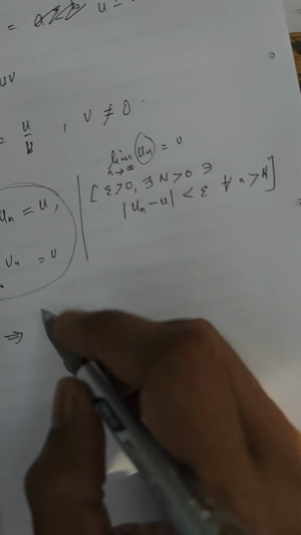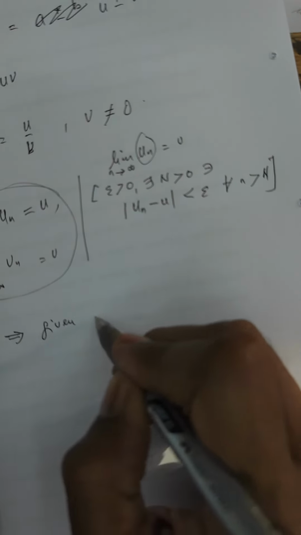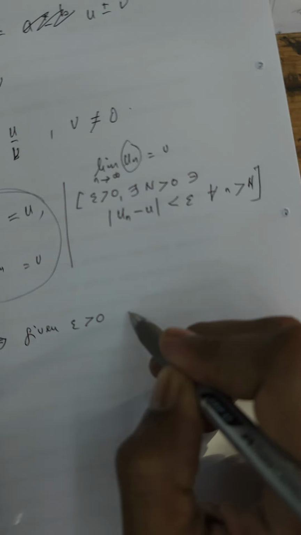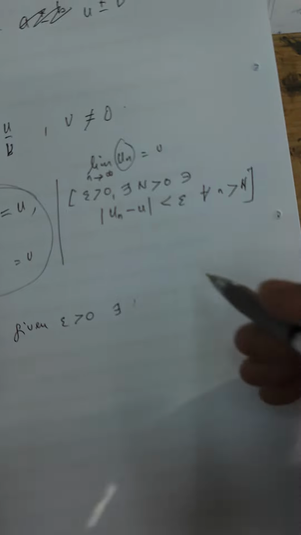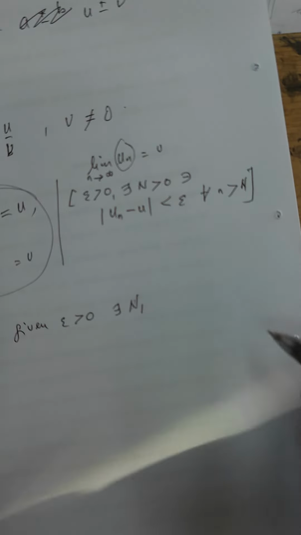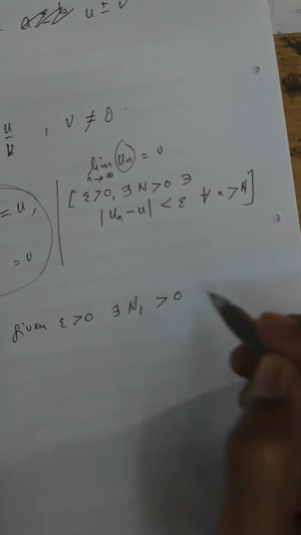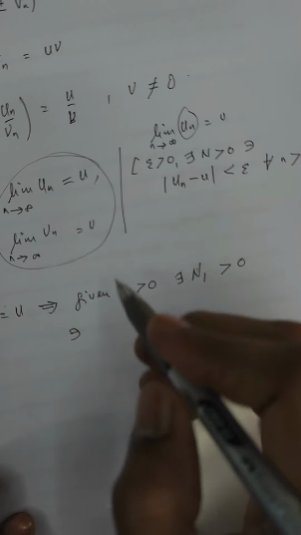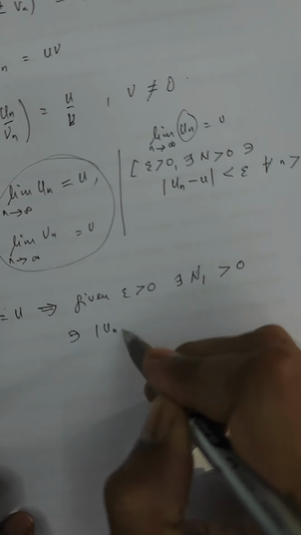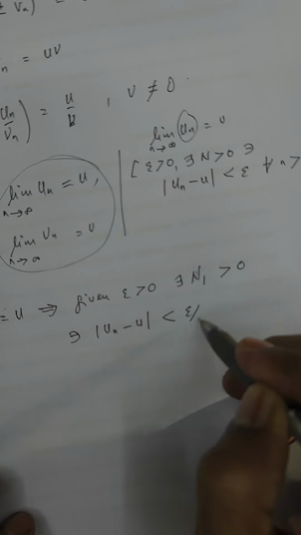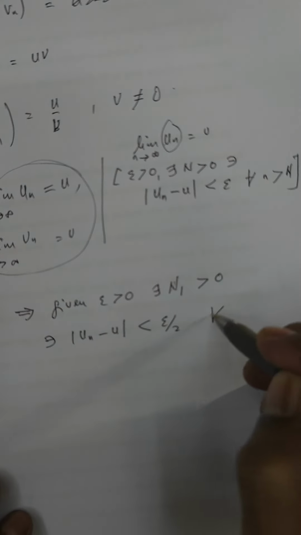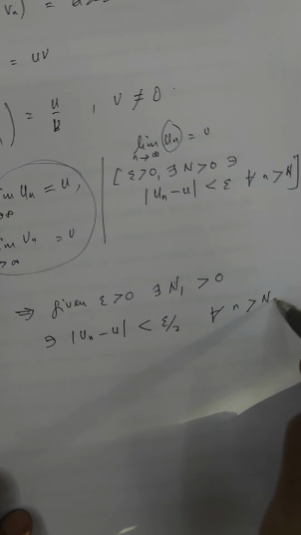Given any epsilon positive, we can find, now we have two sequences, so let's consider n1 positive such that the absolute value of un minus u is less than epsilon over 2 for all n greater than n1.